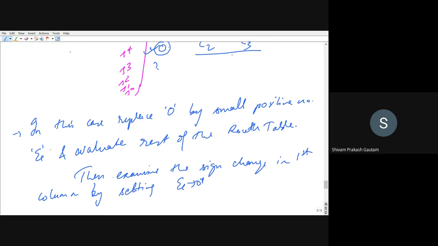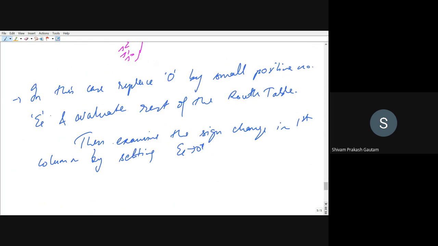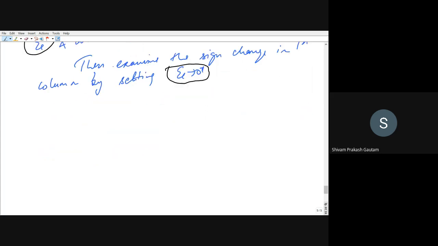So what it is saying is that if any term in the first column becomes 0, we replace it by zeta and calculate the rest of the terms containing zeta. At last, for all the terms having zeta, you place a limit such that zeta tends to 0 positive. After that, you observe whether there are any sign changes in the first column. If there are sign changes, then you can decide the stability accordingly. We will see this by doing an example.